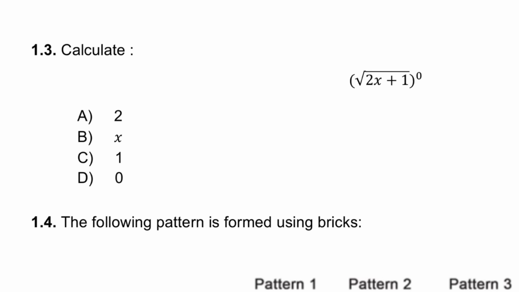What you do need to note in this case is that the 0 is outside of a bracket, meaning everything inside the bracket, the 0 applies to. So regardless of what is inside the bracket, everything inside will equal 1, simply because of that exponent of 0 outside of the bracket. So the answer for 1.3 is C.